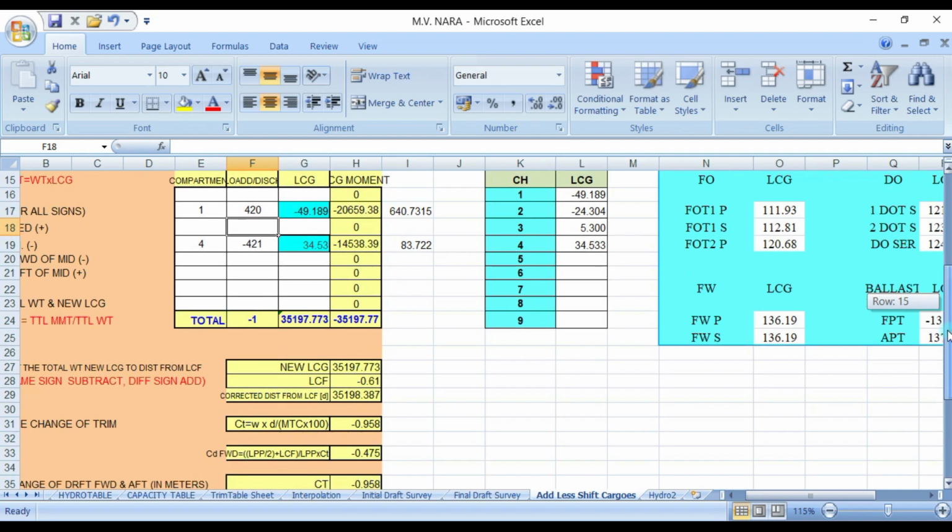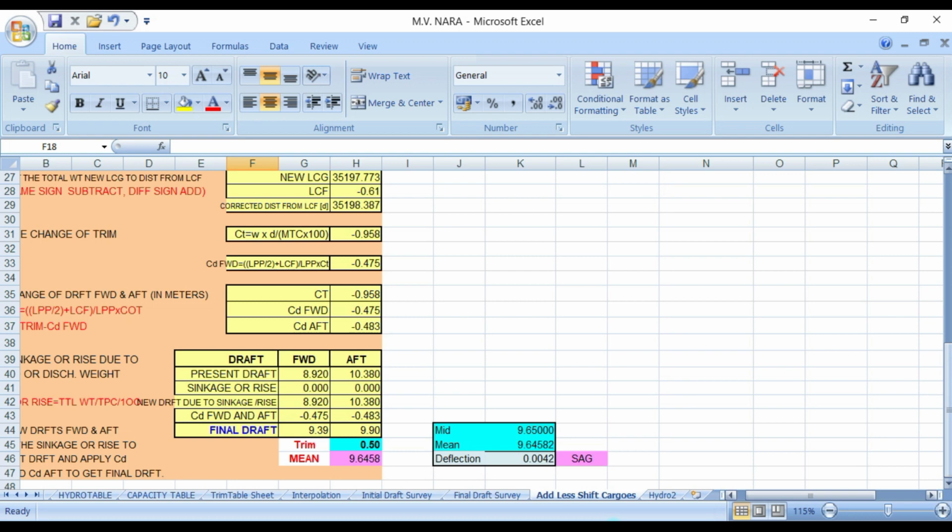Then you will hit the target trim of 50 centimeters. Okay, and your final drop forward will be 9.39, and your final drop aft will be 9.90. And your mean drop will be 9.64.